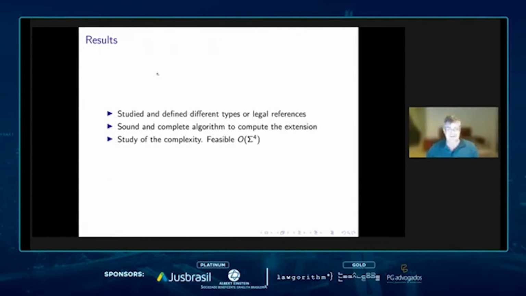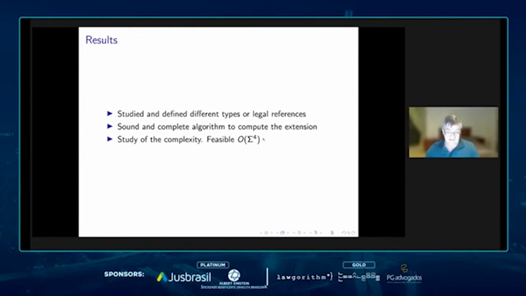So in the paper, essentially, we studied and defined different types of legal references and how to represent them in the logic. We provide a sound and complete algorithm to compute them, and we study the complexity.